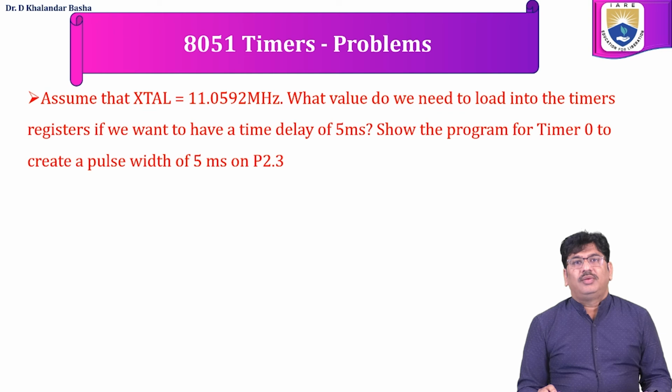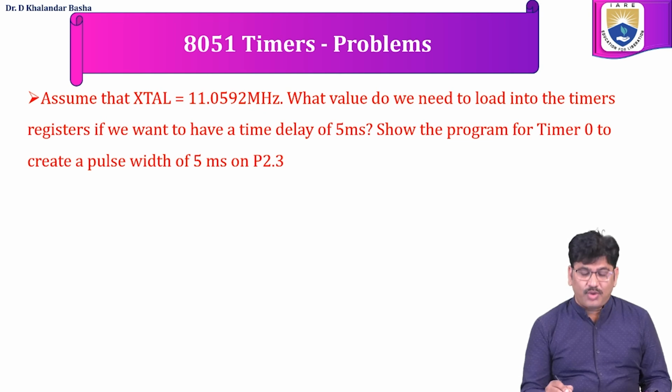Next, the third problem. Assume that XTAL will generate a frequency of 11.0592 MHz. What value do we need to load to the timer's registers if we want to have a delay of 5 milliseconds? And show the program for timer 0 to create a pulse width of 5 milliseconds on port 2.3.